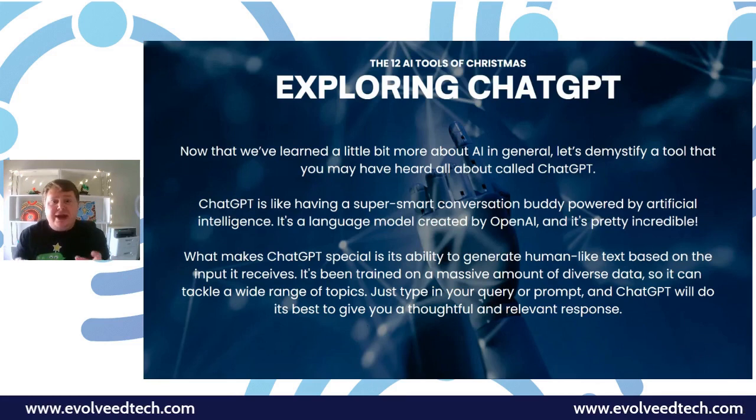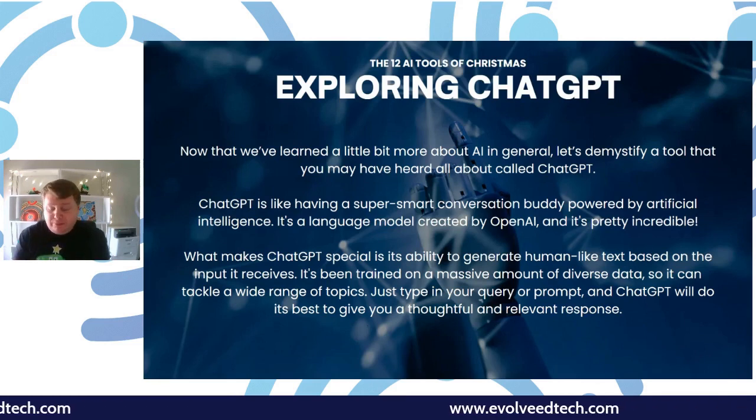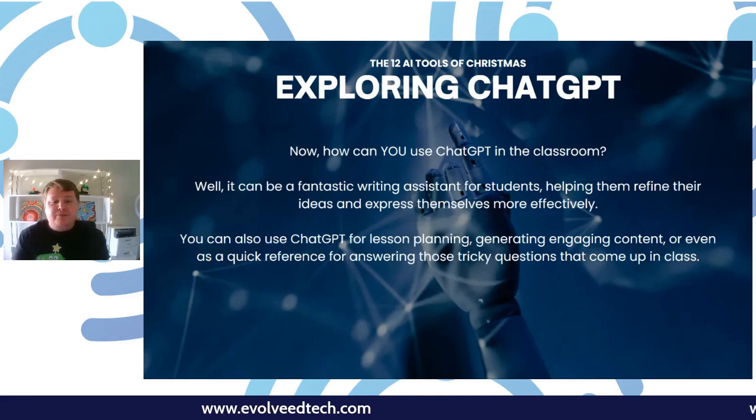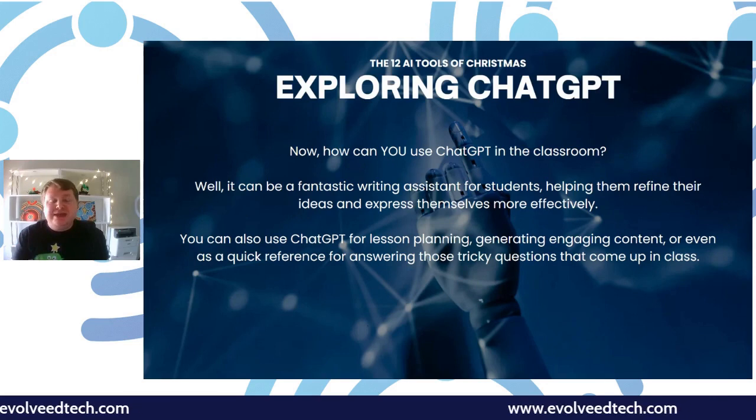Today, we're going to explore this amazing tool, and we're going to see how we could use it in our classroom. In a moment, we will show you how you can use ChatGPT. We'll provide you with some examples. We'll show you how you can revise prompts if it's not exactly the response that you were expecting.